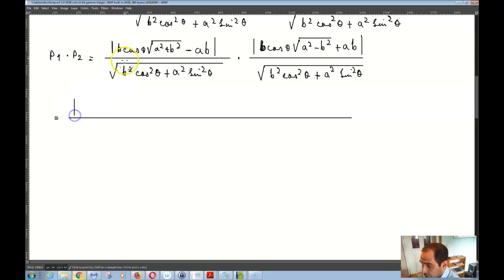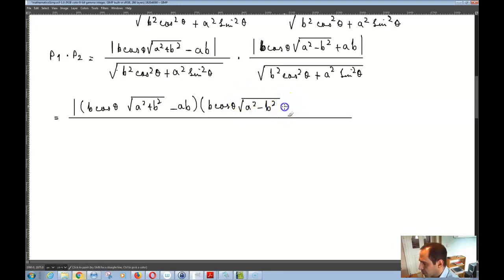So then based on that you can write b cos theta times the square root of a squared plus b squared, minus ab times b times cos theta times the square root of a squared minus b squared plus ab, and then you have the absolute value of the whole expression.